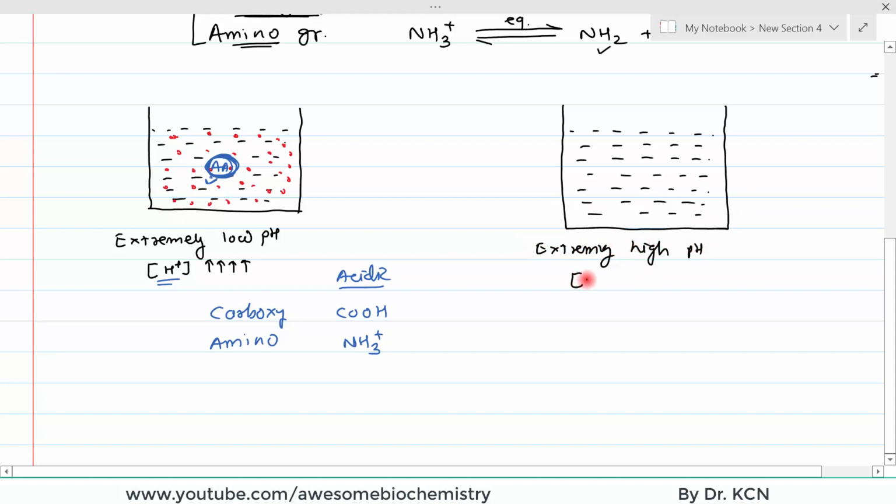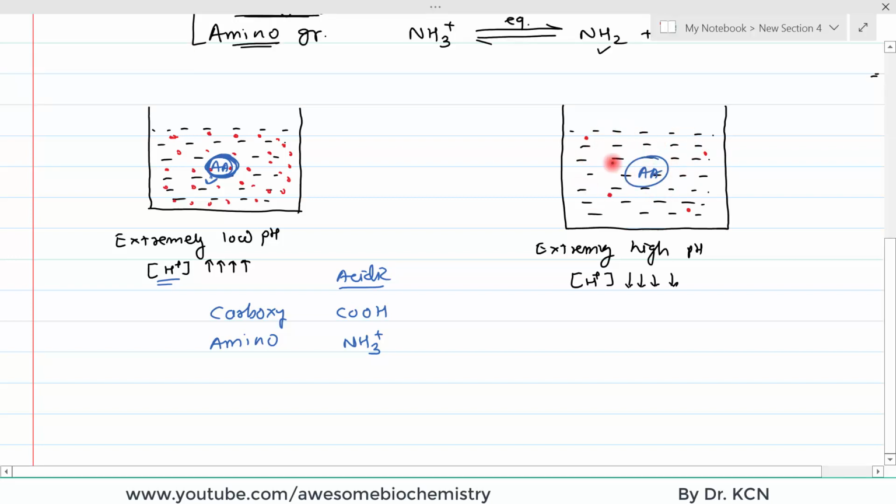That means the H plus concentration, or proton concentration, is very, very low. If we show protons by red dots, we will show only 2-3 dots. So very low proton concentration is there. I have shown fewer red dots, and in this solution if you put an amino acid, what will happen?